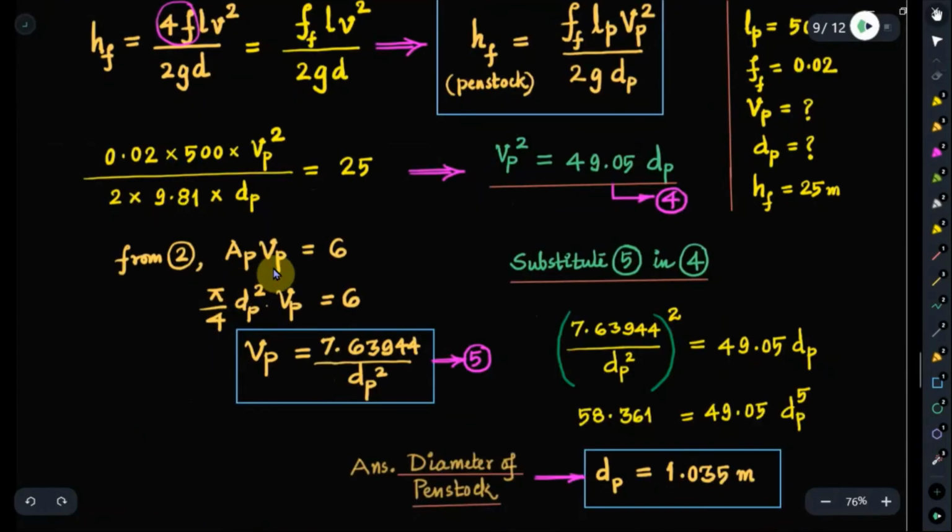Now the second option: we can have an equation relating the average velocity and the diameter from the discharge equation also. That is area of the penstock multiplied by the average velocity is equal to 6, that is pi by 4 Dp square into Vp is equal to 6. Remember, 6 is the total discharge in meter cube per second.